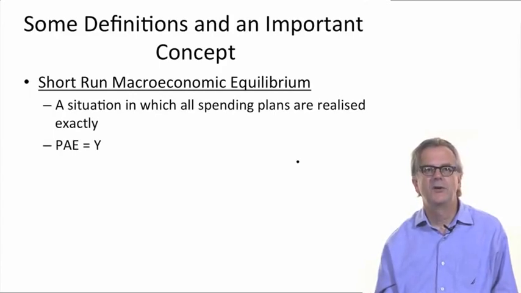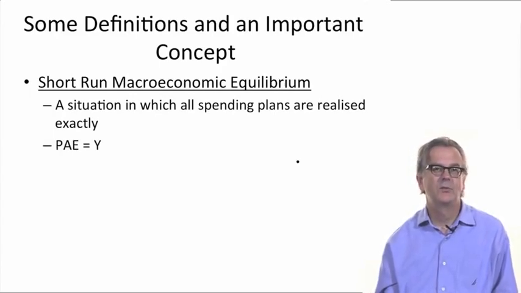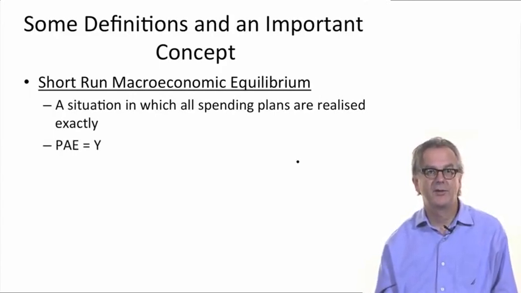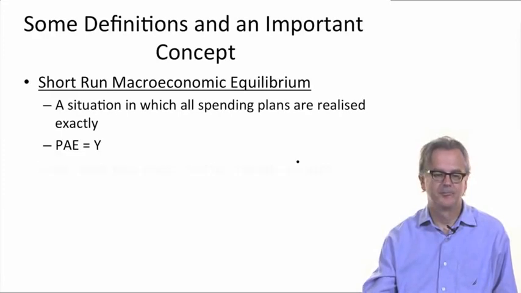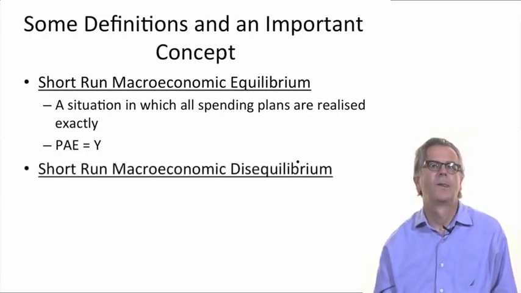So the notation we can use for that is that it's a situation where planned aggregate expenditure equals aggregate expenditure, or PAE equals Y. Now, an economy need not be in equilibrium, so what would a short-run macroeconomic disequilibrium look like?